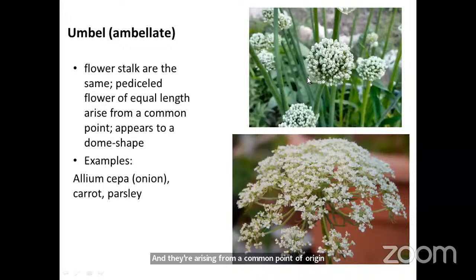If you look at the picture, this is the flower of an onion, Allium cepa. The flower is classified as umbel or umbellate due to the presence of stalks of the same length. Also, the flowers of parsley plants are classified as umbel or umbellate.